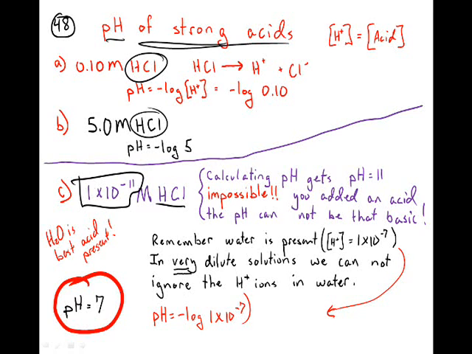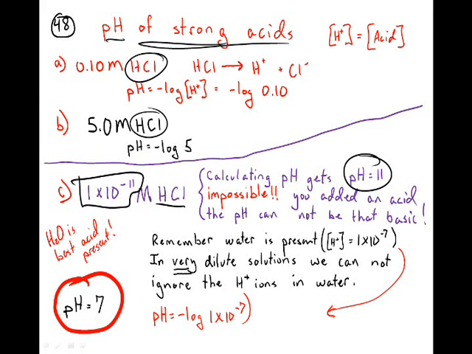You could do the calculation and see, but it's an incredibly small, tiny value for the concentration. And so if you take the negative log of that number, you'll get a pH of 11. Oh, wait a minute, that's a pretty strong base. You can't get a basic solution by putting in a few drops of acid.